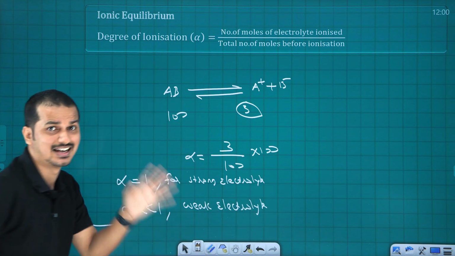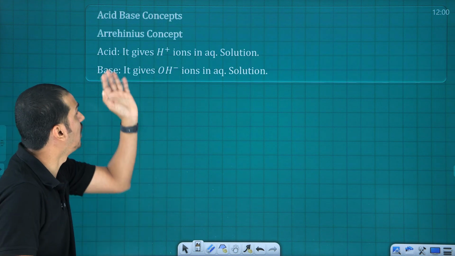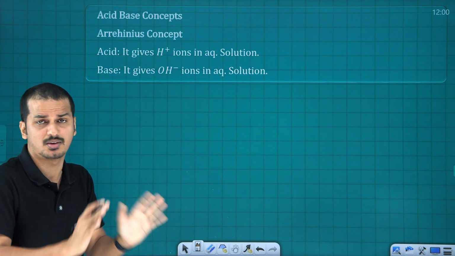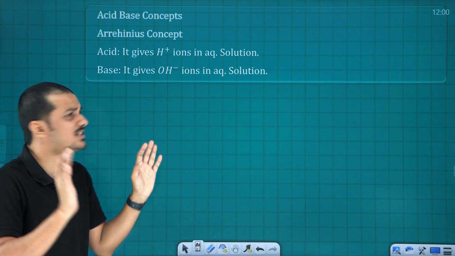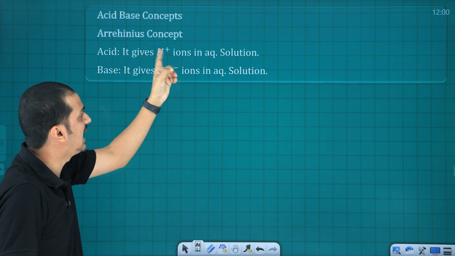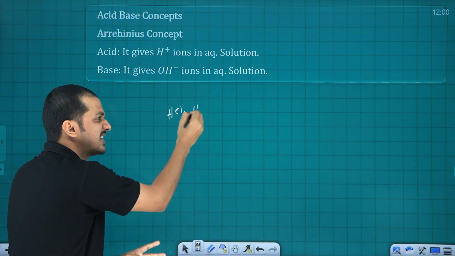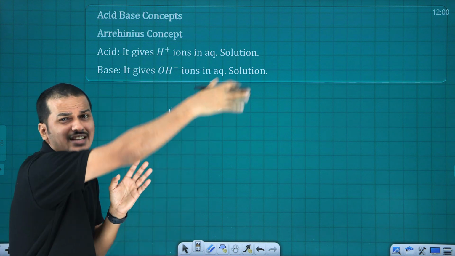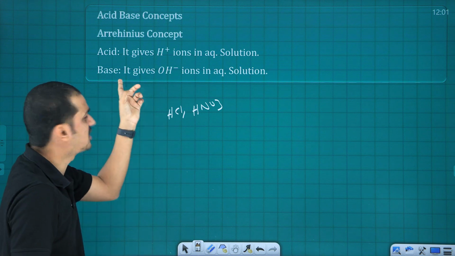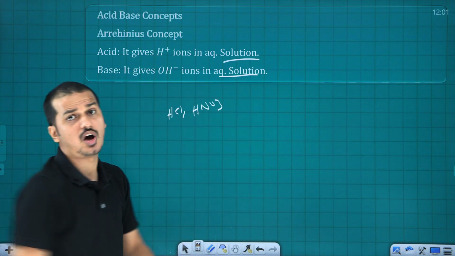Okay, clear? Next, from here you have to remember about acid-base concepts. That is a very repeatedly asked question. In the Arrhenius concept, an acid gives H plus ions in aqueous solution, like HCl, HNO3, H2SO4. A base gives OH minus ions in aqueous solution.